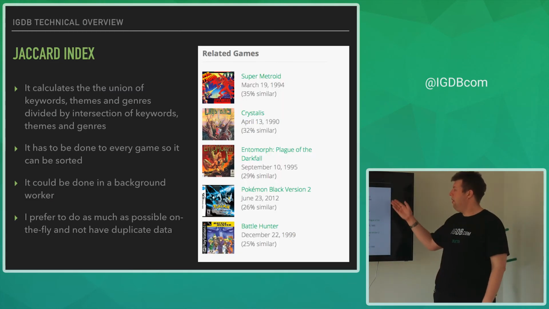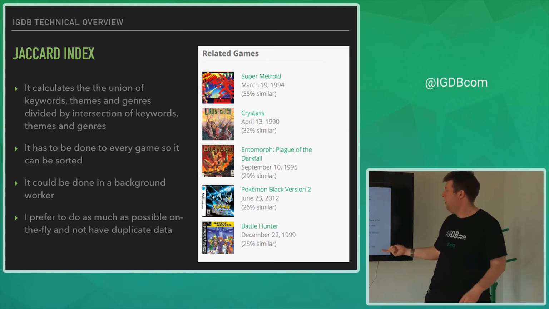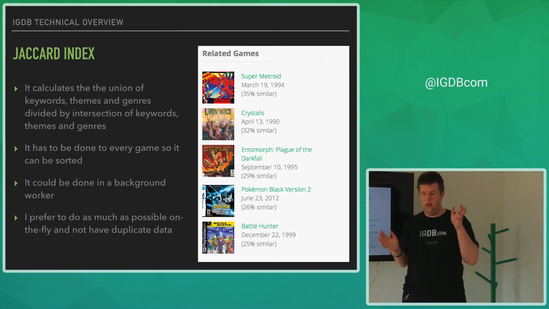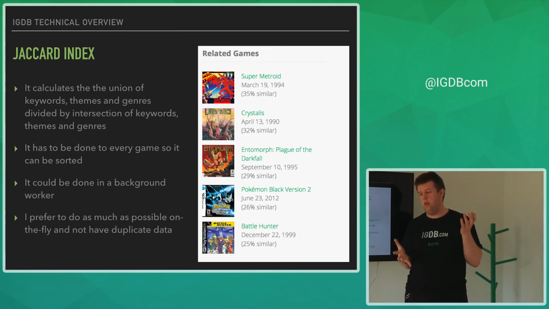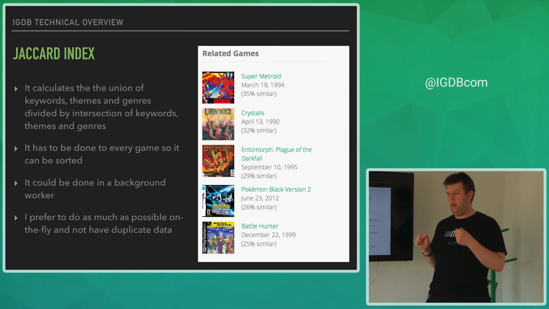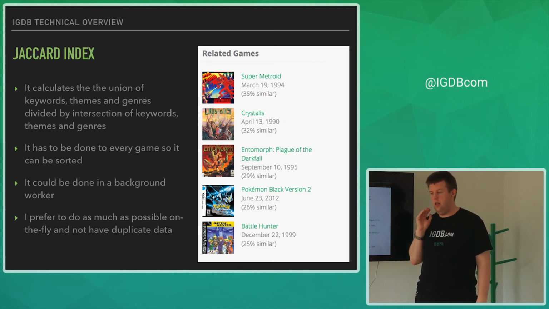So the reason was that it was this related games column, and we were creating a Jaccard index. If you want to know more about Jaccard index, just Google it. But it basically calculates the union of the keywords and genres divided by the intersection of the keywords, themes, and genres.